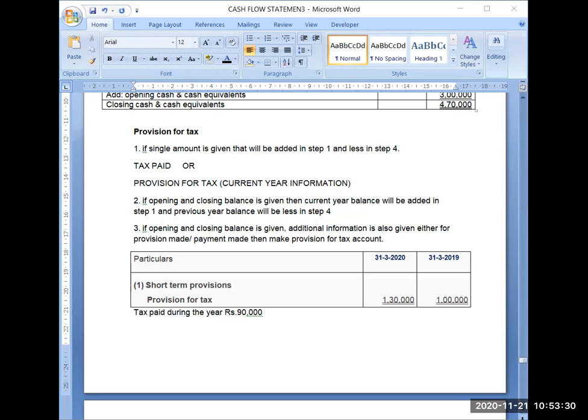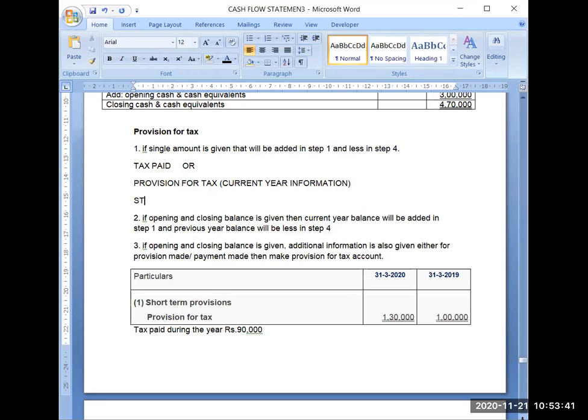Then in that situation, what to do? First, just try to recall the step 1. Step 1 is calculation of net profit before tax.